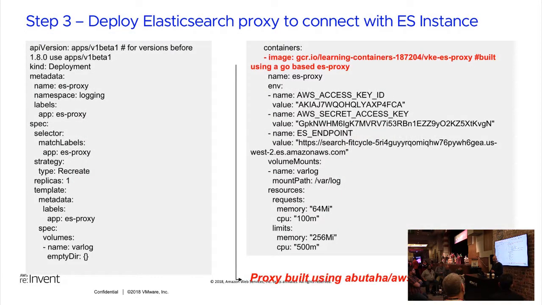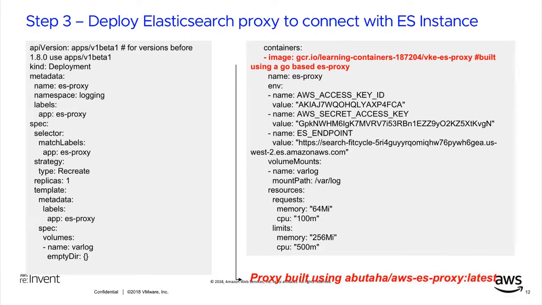So, as part of this step, setting up the Elasticsearch proxy, it can be a little tricky. If you look at the bottom of my screen here, there's a publicly available proxy that somebody's created. It's built in Go, okay? And what I did is I took that proxy, I modified it, and created my own container image, which I have up there, and you can see that image.